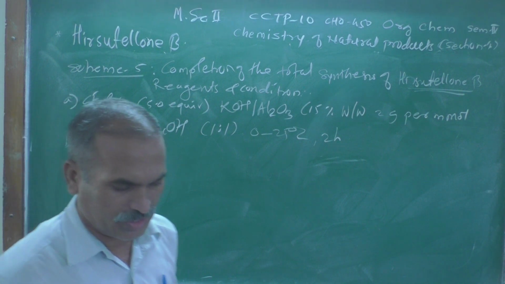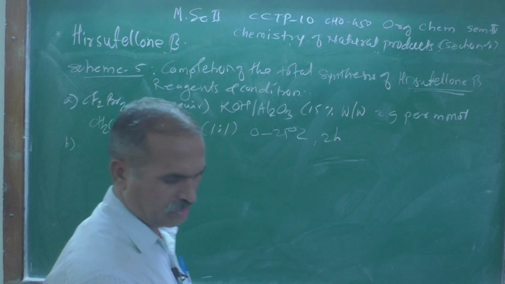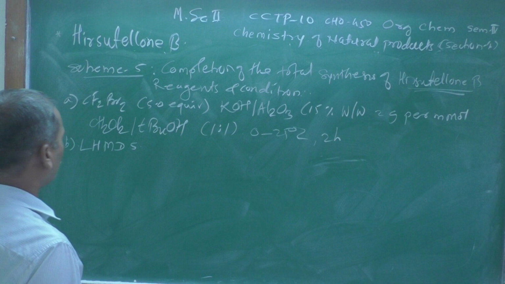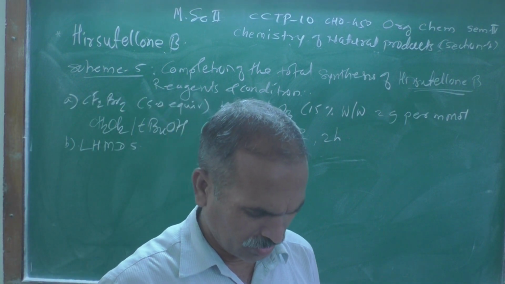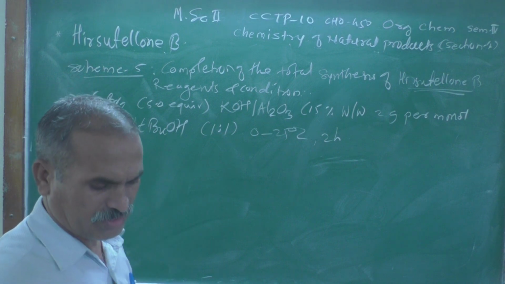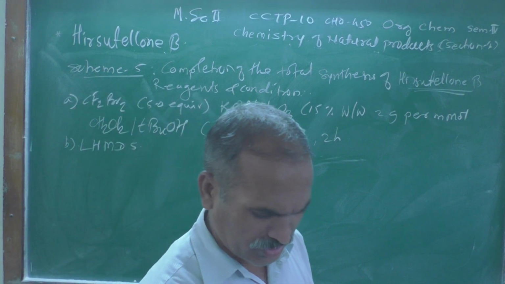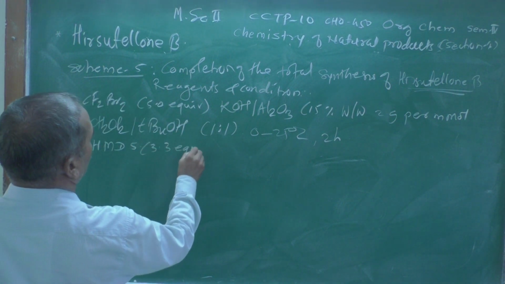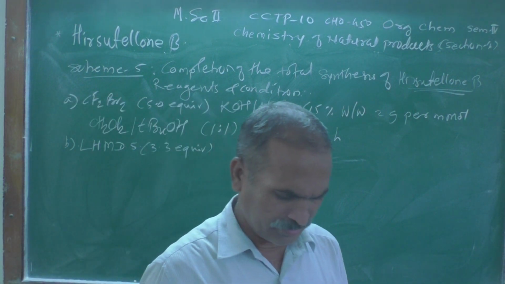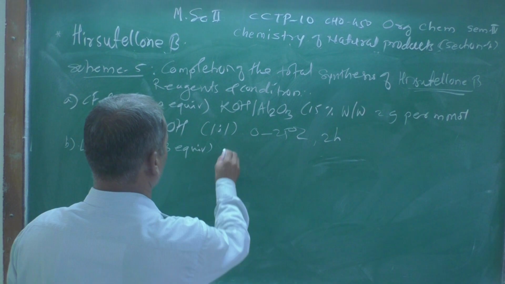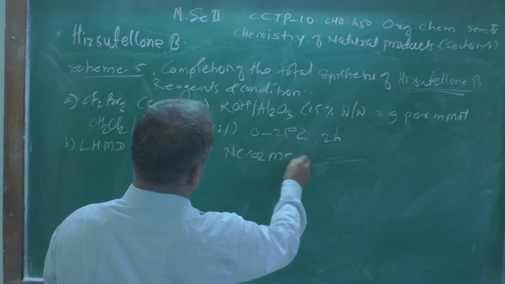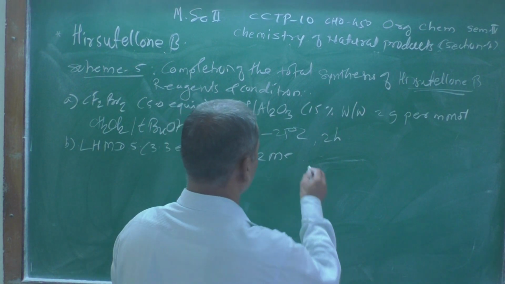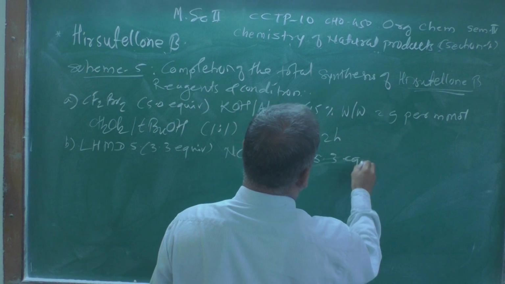Now reagent B. Reagent B is LHMDS, taken as 3.3 equivalent, and NCCO2Me, which is another reagent, taken as 8.3 equivalent.